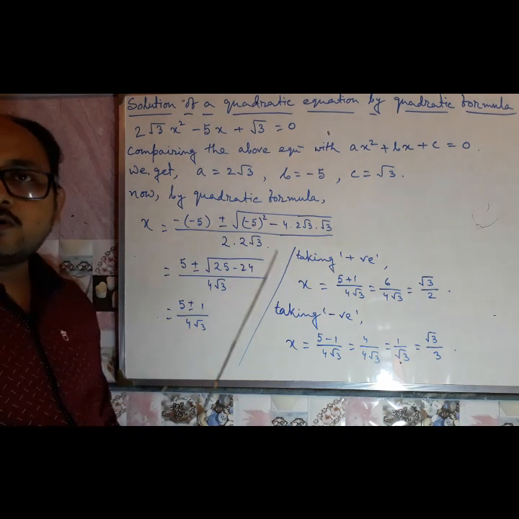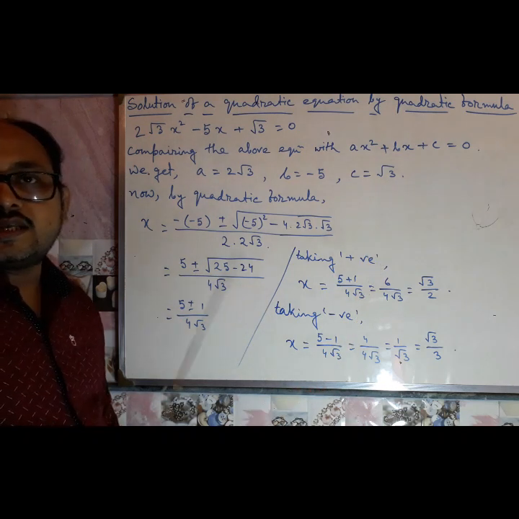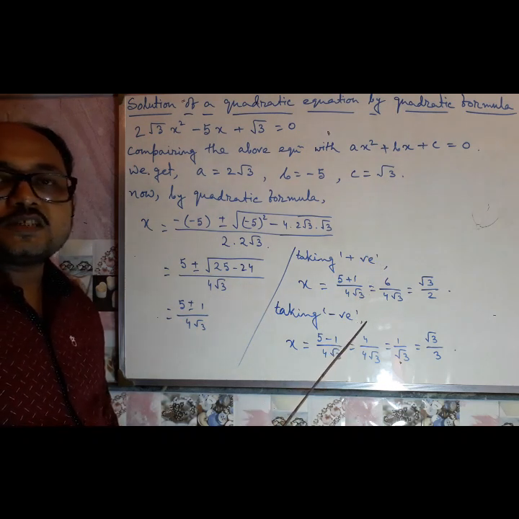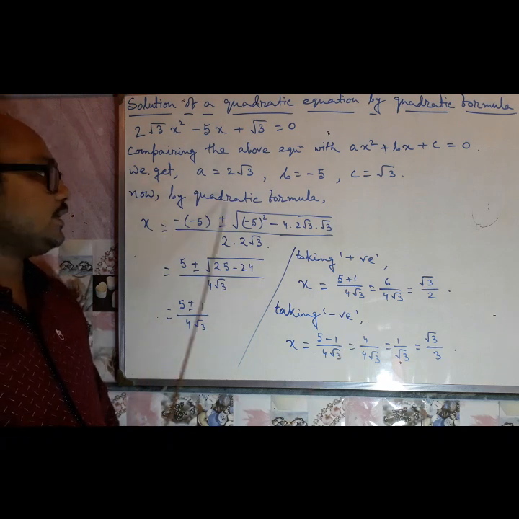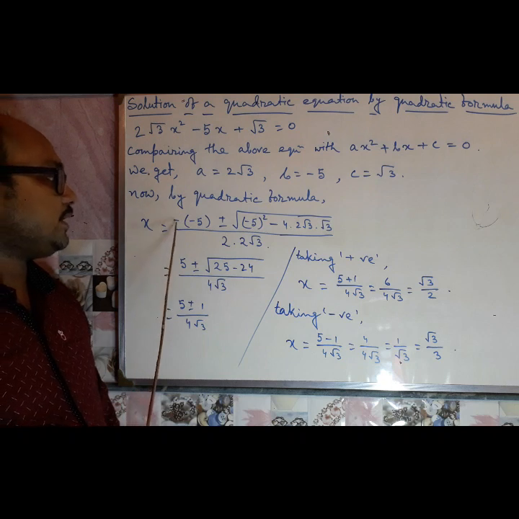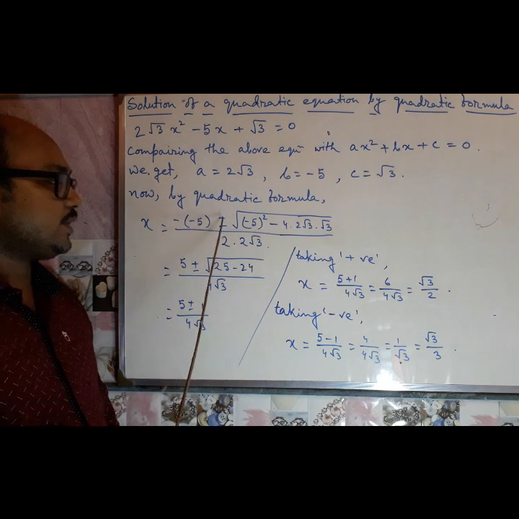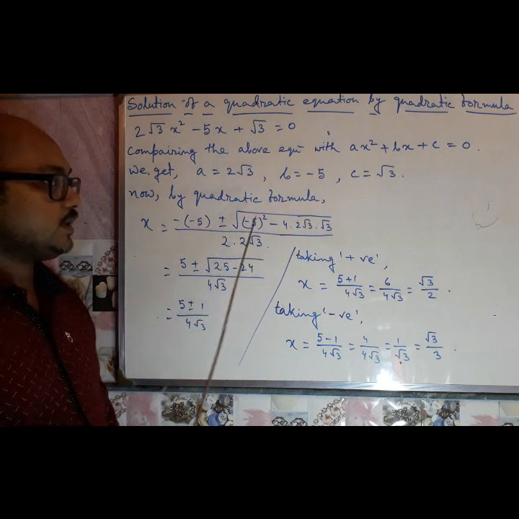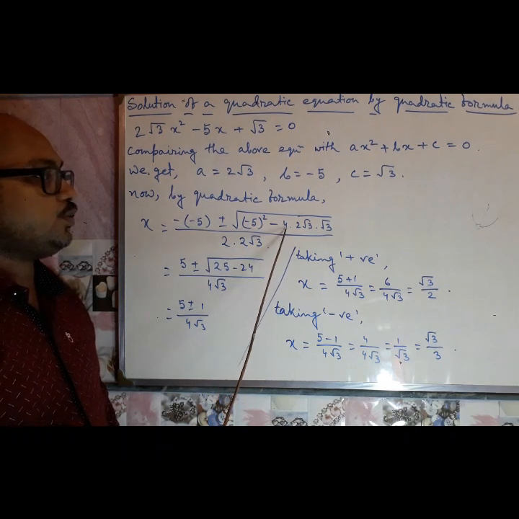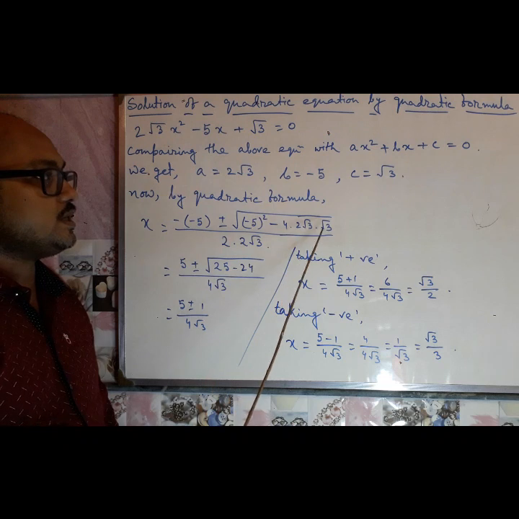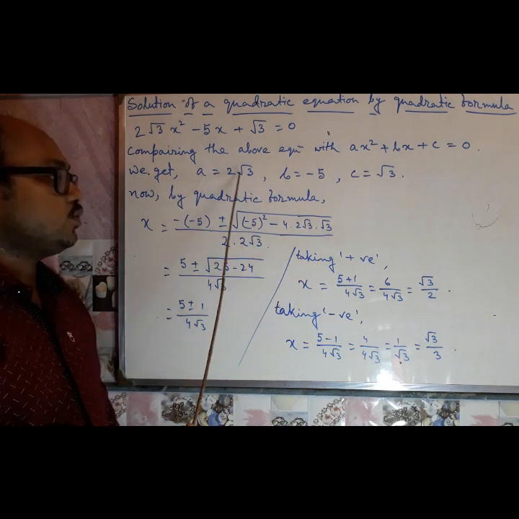Now what is the Siddharacharya formula? If ax square plus bx plus c is equal to 0, then x is equal to minus b plus minus root over of b square minus 4ac by 2a. So by the quadratic formula, x is equal to minus b, what is the value of b? Minus of minus 5, plus minus root over of b square, that is minus 5 whole square, minus 4ac, that is minus 4 into 2 root 3 into root 3, by 2a, that is 2 into 2 root 3.